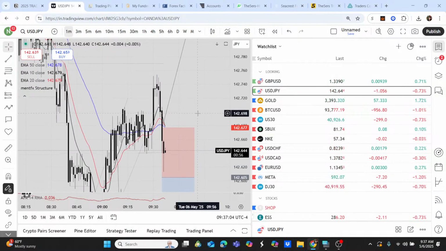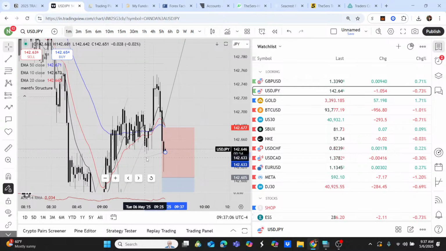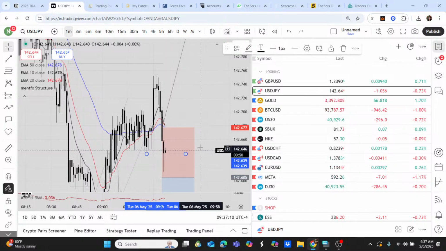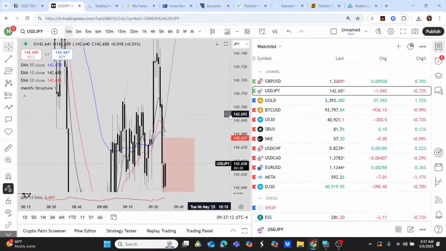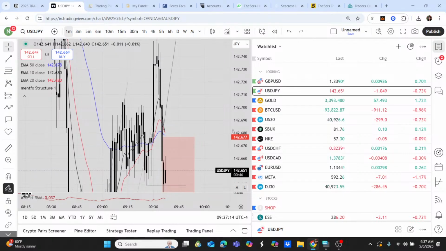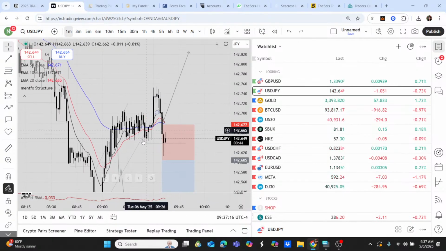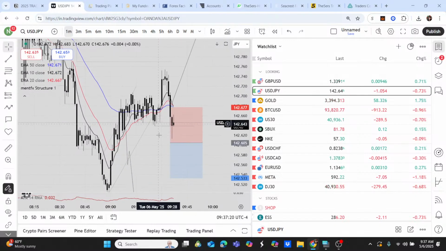Okay, we got the break. No, we didn't get the break. Price ended up rejecting right here. I want price to break that low, so it can really show me that it's out of this consolidation.